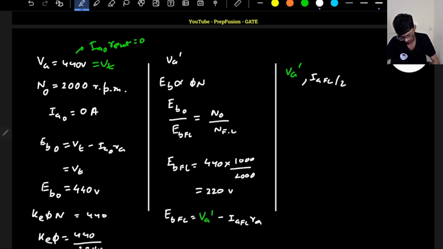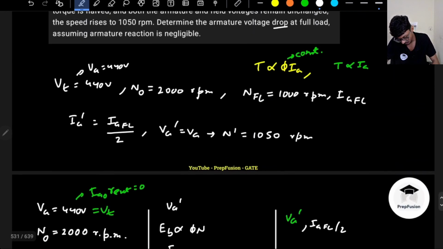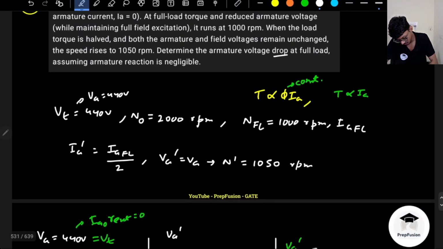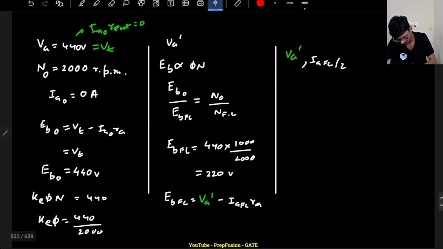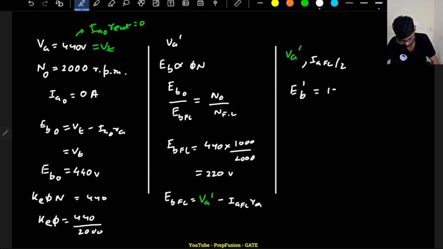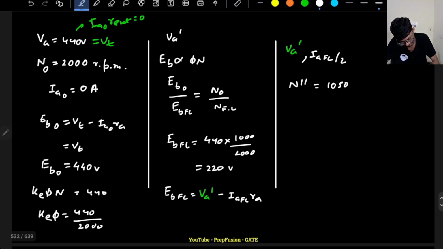Now what they are telling is that the speed has become 1050. So N double dash has become 1050. Now can you find out the EB double dash?